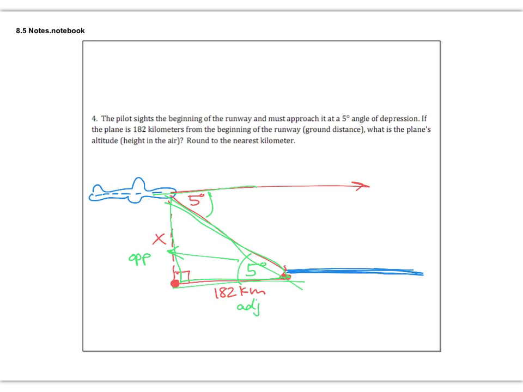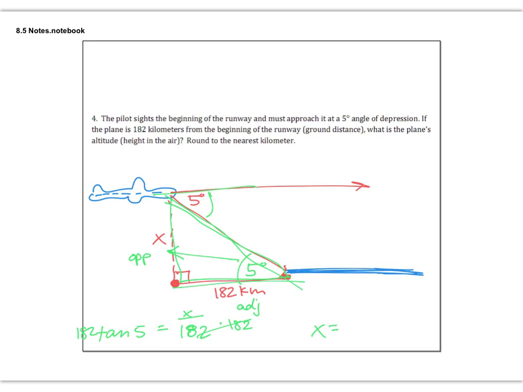Opposite and adjacent go with tangent. Tangent 5 degrees equals x over 182, opposite over adjacent. Multiply by whatever's in the denominator. Multiply by 182. And type it in your calculator: 182 times tangent 5.